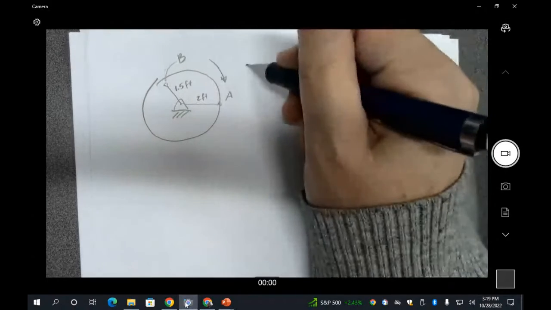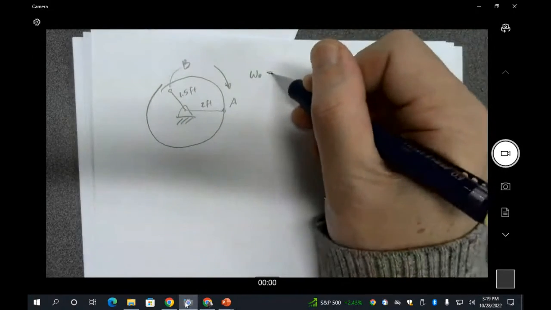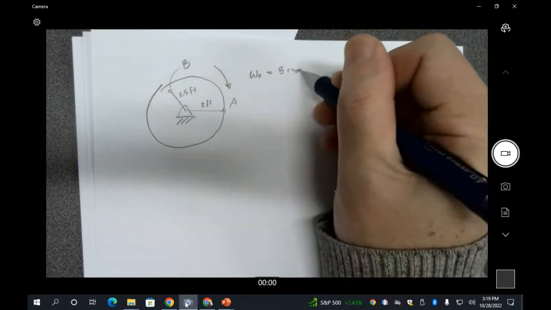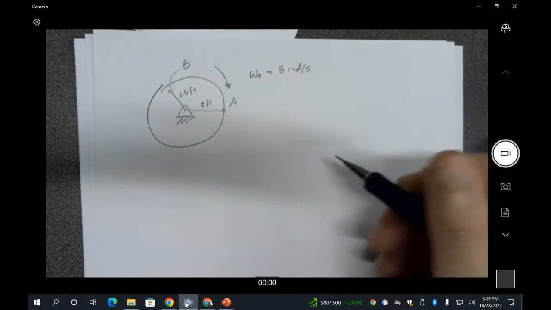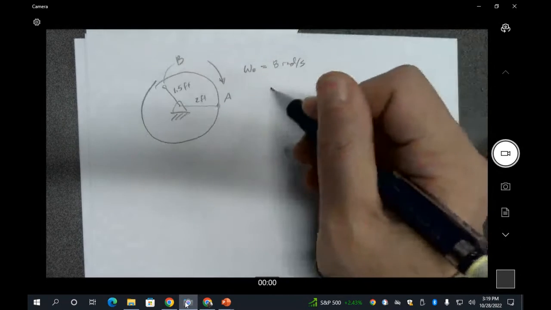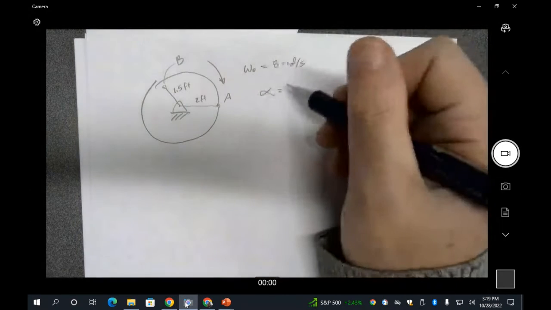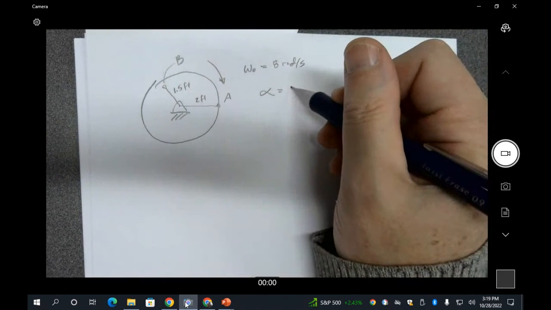And we're saying that the initial angular velocity is 8 radians per second. And it is subjected to a constant angular acceleration of alpha, but it didn't say whether it was, I guess you just have to assume it's in the same direction.